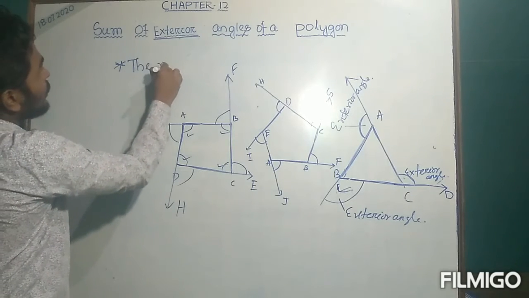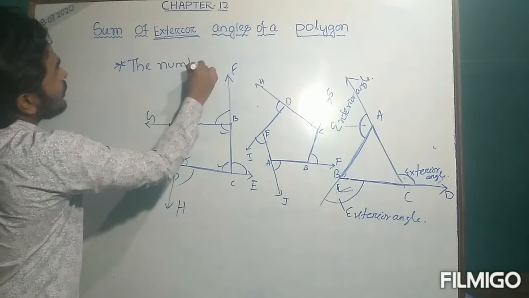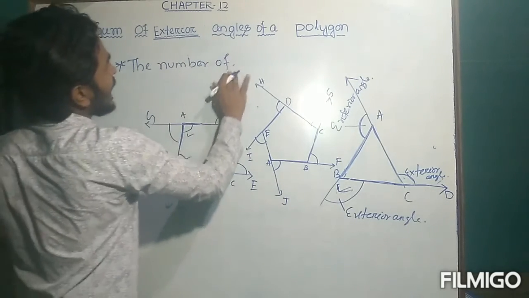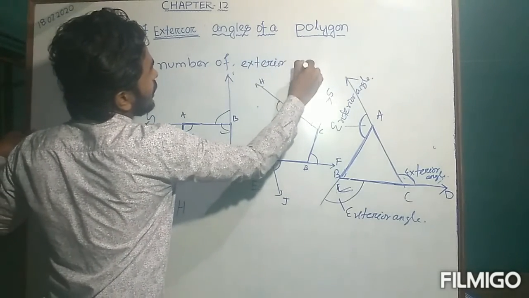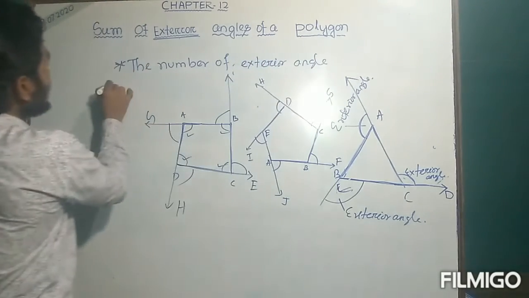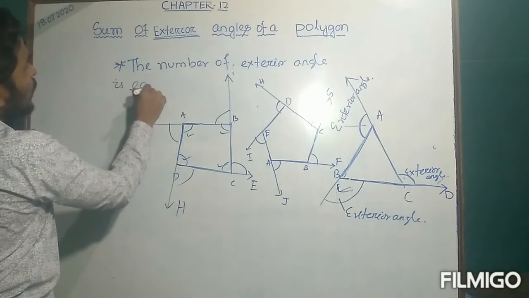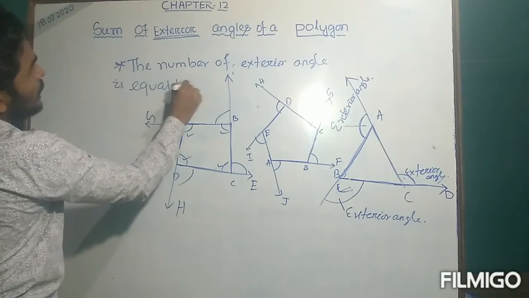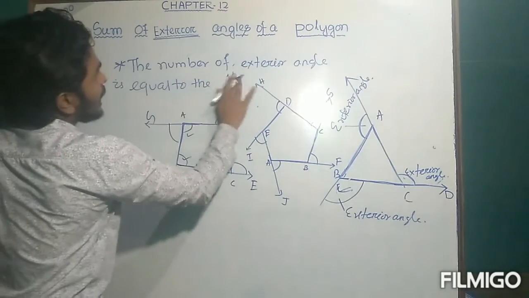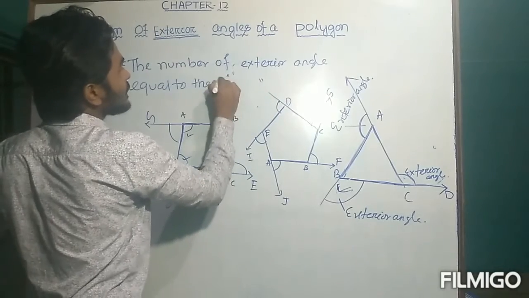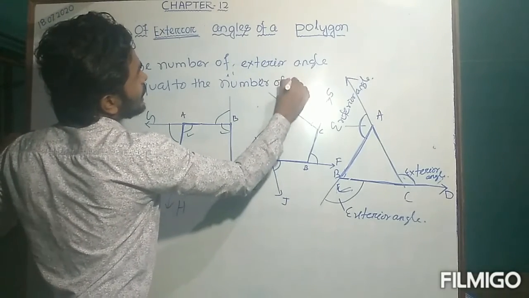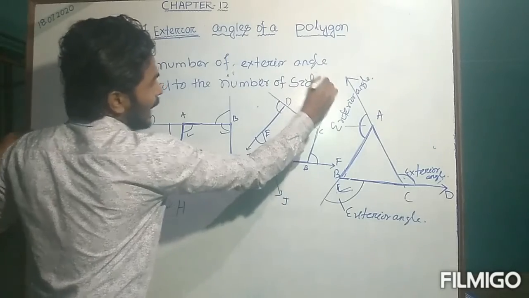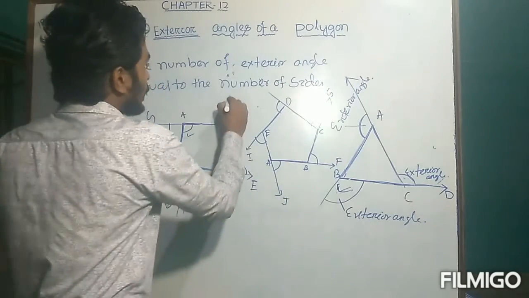The number of exterior angles is equal to the number of sides. Okay, now it is clear.